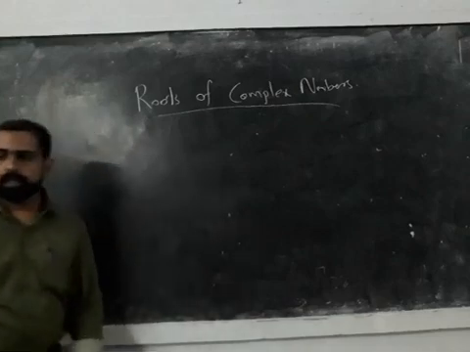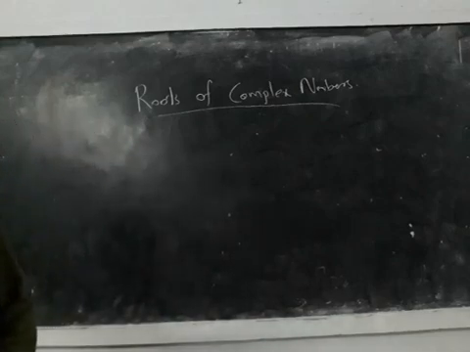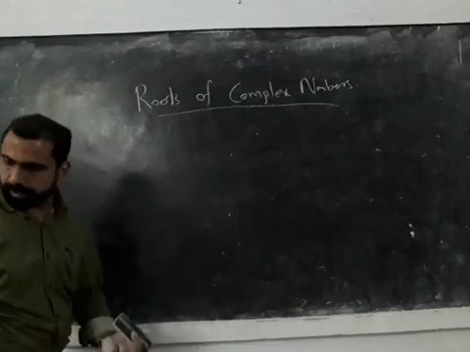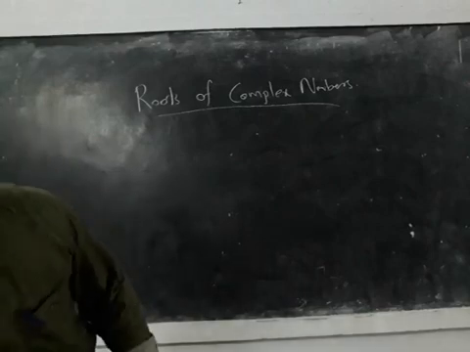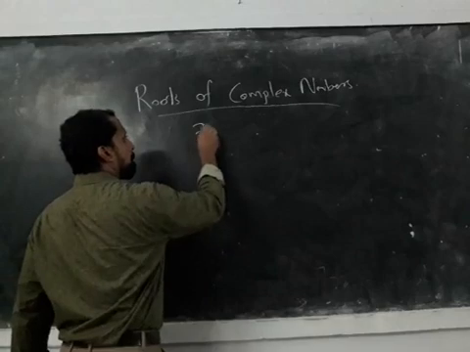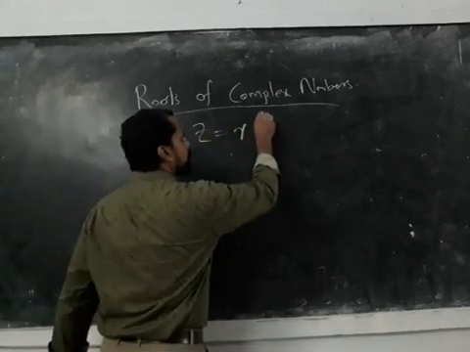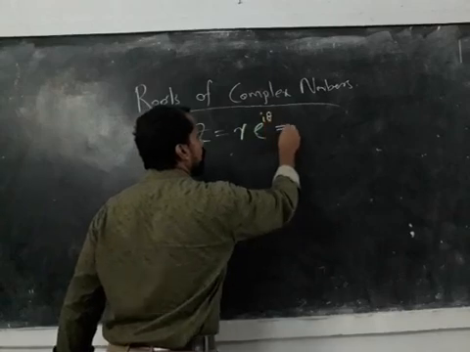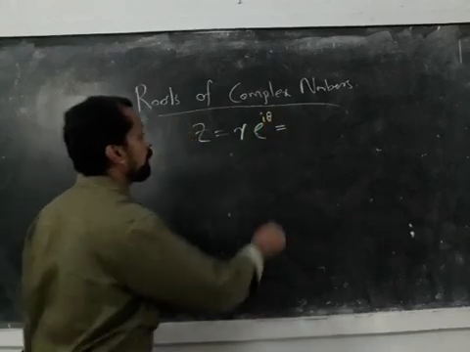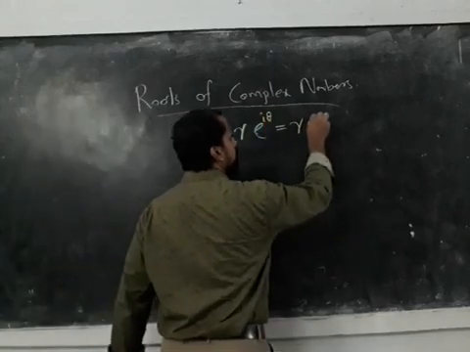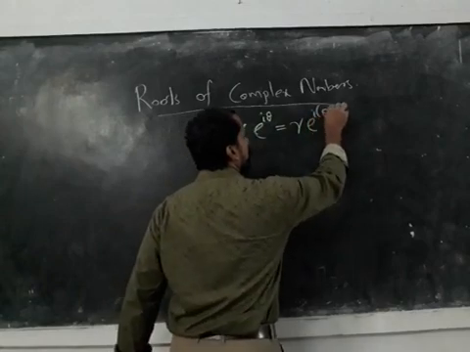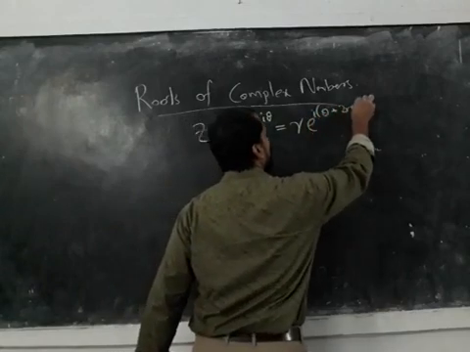We already have our representation. z is equal to r e raised to i theta, or you can also write it like r e raised to i (theta plus 2n pi).